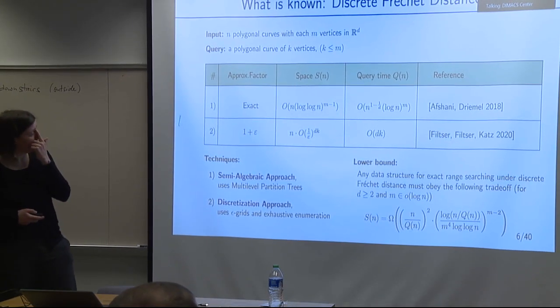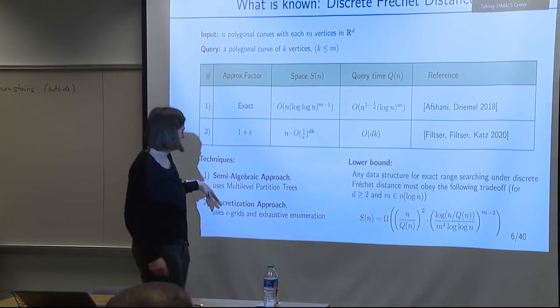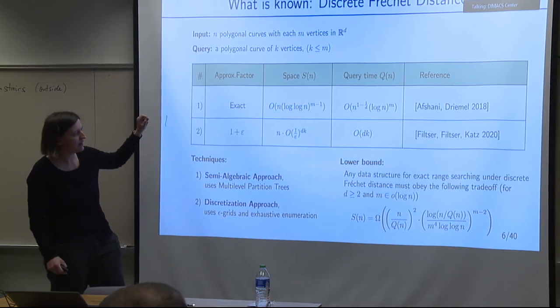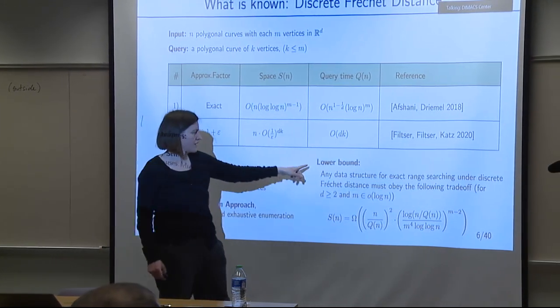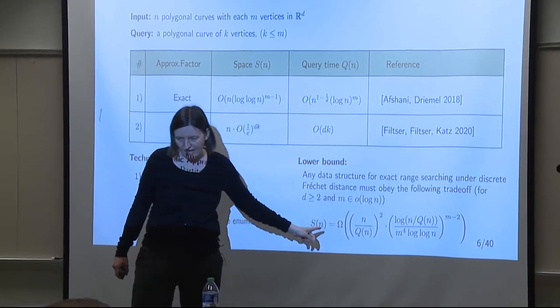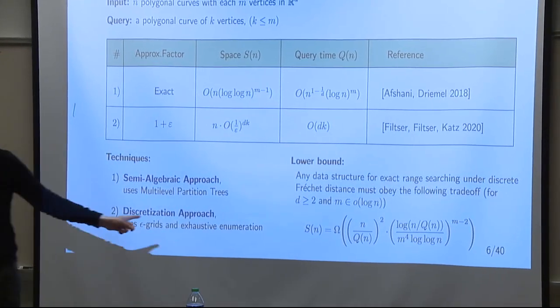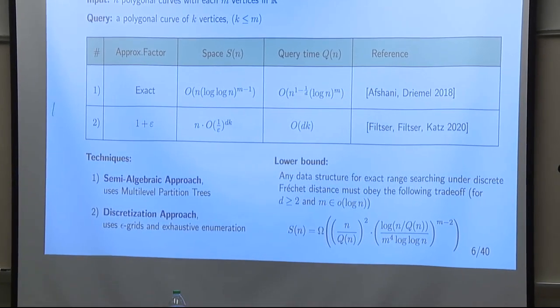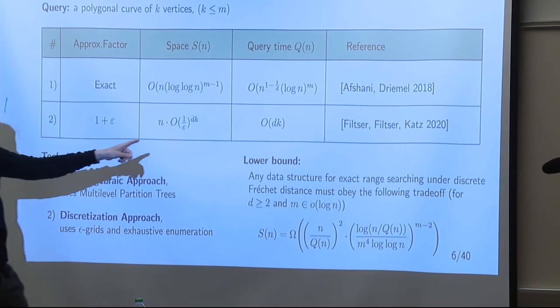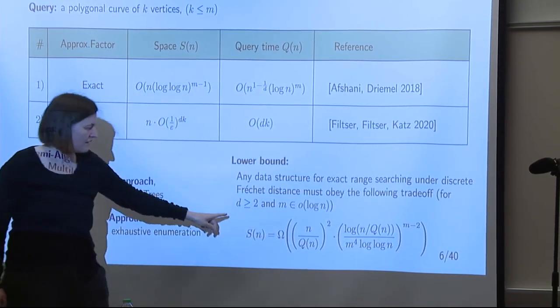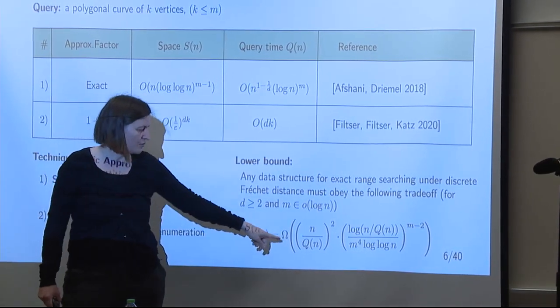And the lower bound: we don't really have a lower bound for this, I think, but for range reporting we can show a space-query time trade-off lower bound, which says, if the query time is q of n, then the space has to be at least this.